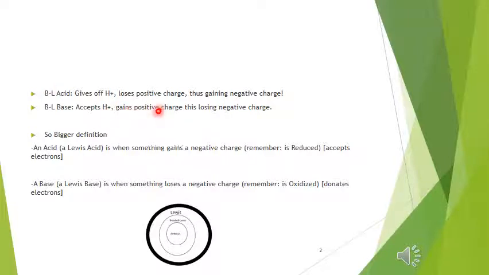That means they get more positive, thus losing negative charge, which means maybe losing electrons. So if you put it in the big picture, an acid is something that gains electrons, reduced, and a base is something that loses electrons, oxidized.